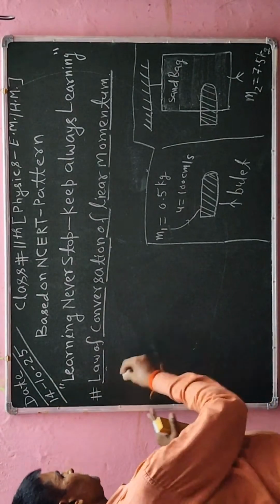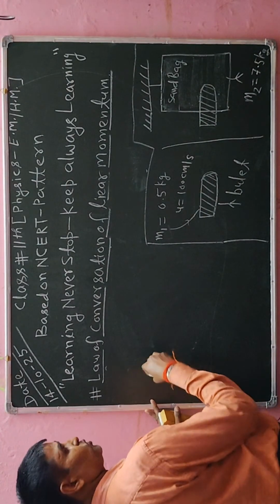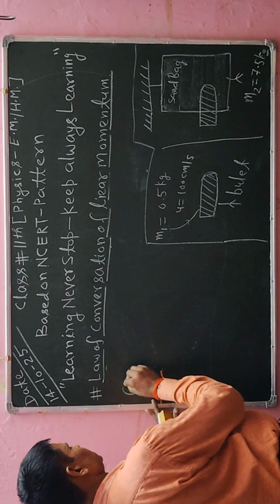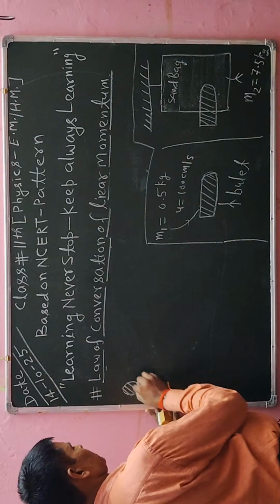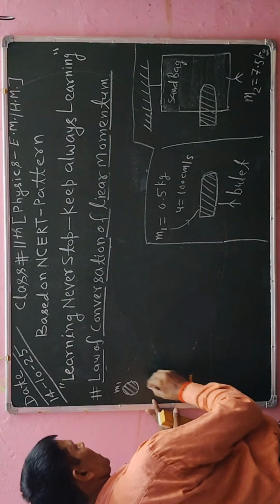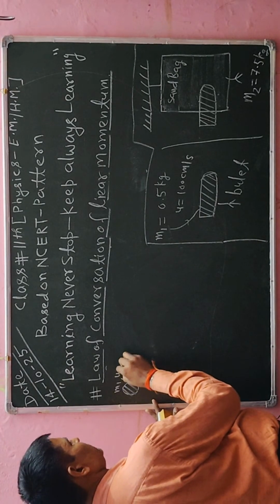Okay. Now here I am going to write according to the law of conservation of linear momentum. Suppose that there are two objects. Here one object, I am going to say this is an object, which has mass m1. Okay. And it has also velocity u1.